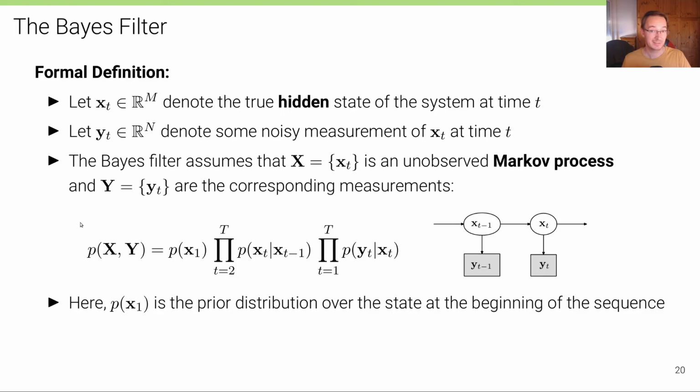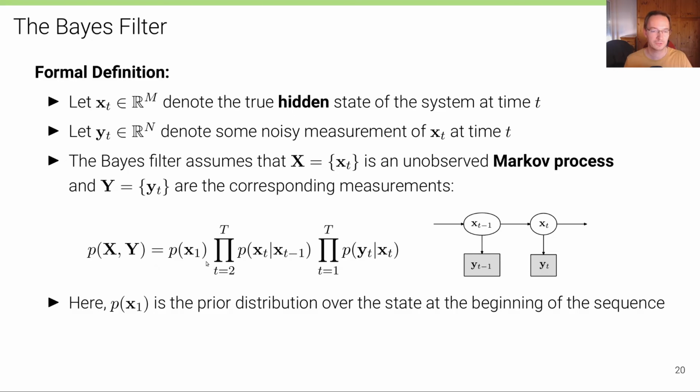This means that the probabilistic formulation of this model is very simple. The joint distribution of all states and all observations across the entire sequence can be simply factorized into the prior distribution over the state at the beginning of the sequence times the product over the motion model that transitions from time t-1 to time t.